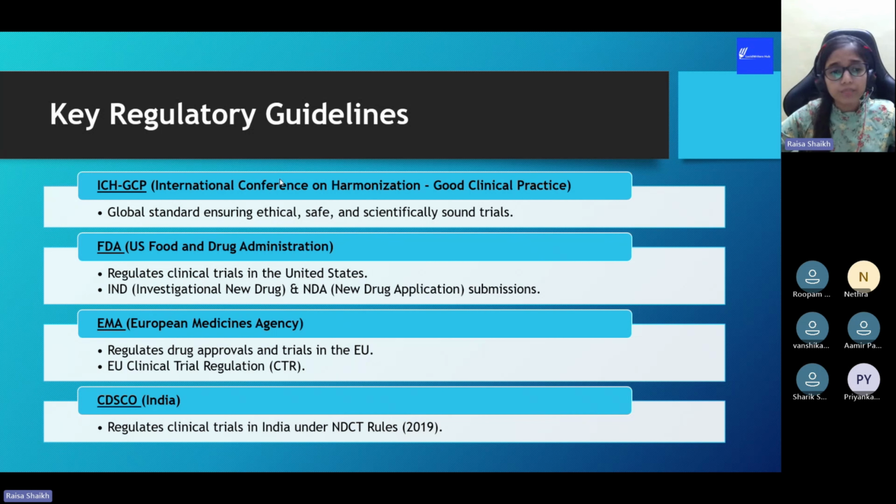Then FDA. FDA regulates clinical trials in the United States. IND and NDA submissions happen in the United States. Here I'll give you a brief about IND and NDA. IND, investigational new drug application, is submitted before the clinical trial begins. It is basically the protocol required to obtain regulatory approval to test a new drug in humans, and includes preclinical study data.